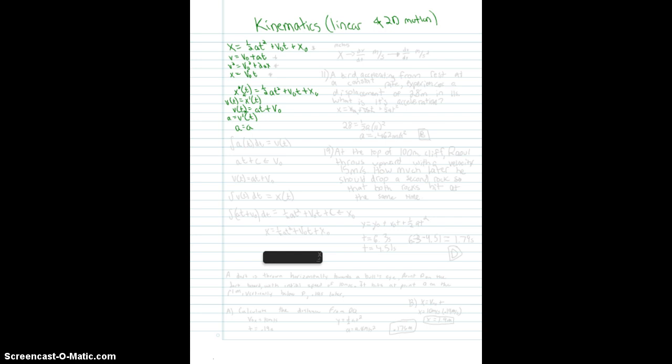Working backwards, we also know that the antiderivative of acceleration is going to equal velocity. So we can take the antiderivative of a, you get at plus c, and that constant is just going to be v sub o. So you get velocity of t equals at plus v sub o.